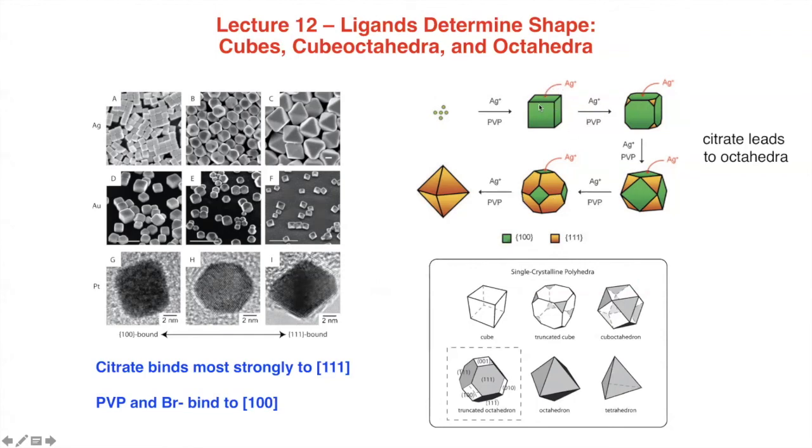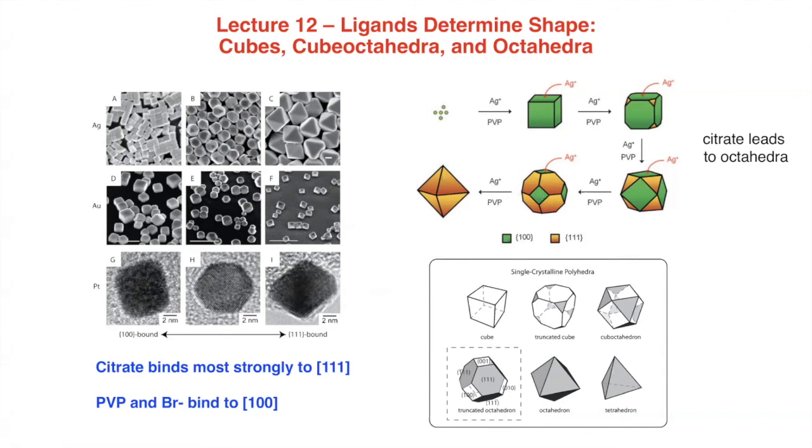So if you preferentially add silver ion to the 100 faces, and you don't grow these gold faces, which are the 111 faces, as you grow, you'll start filling out in that direction along 111, and you won't fill out along where the yellow stuff is, and that 111 facet will then increase in area with time.